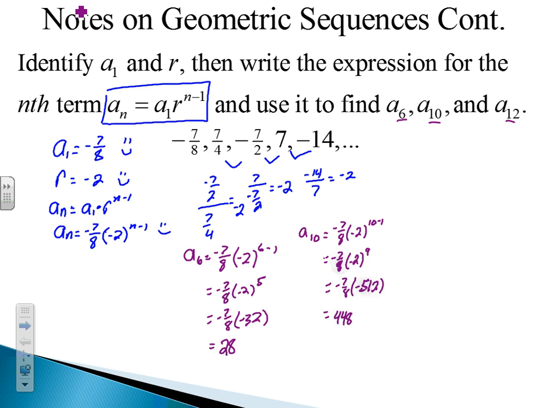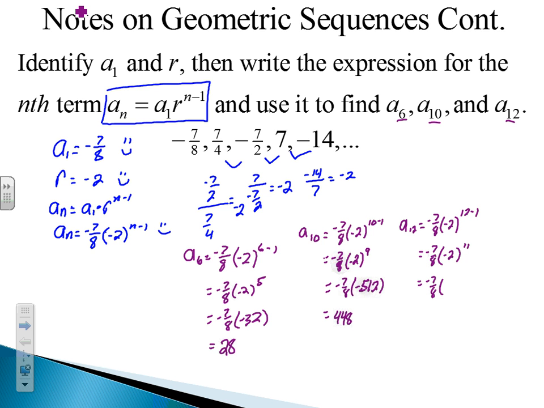And the last one we're looking for, a sub 12, gives negative 7 over 8 times negative 2 to the 12 minus 1 power, so negative 7 over 8 times negative 2 to the 11th power.